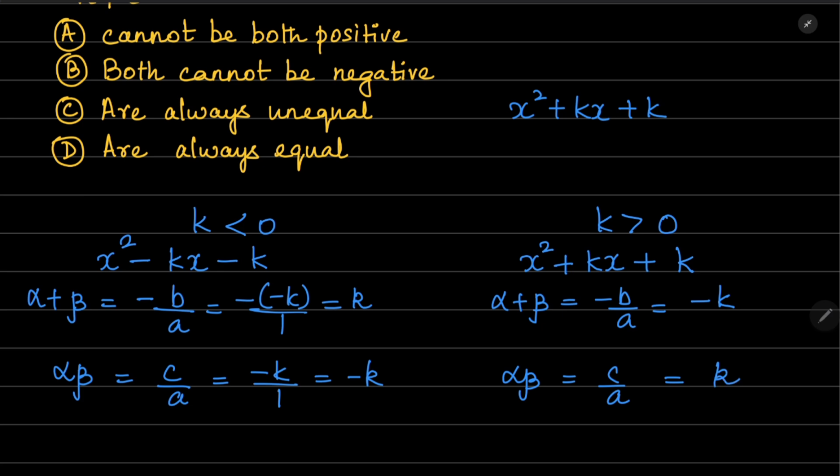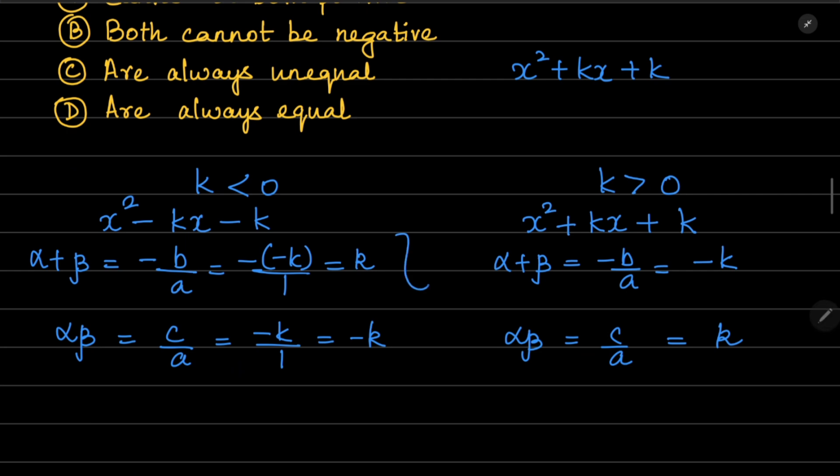Now, in this scenario, wherein the sum has to be positive k and the product will be negative k. What does it mean? The very first observation is, say, alpha is a bigger number and beta is a smaller number. So if beta is negative, a bigger number minus a smaller number will be a positive number, right? And that same bigger number multiplied by negative of a smaller number will give you negative.